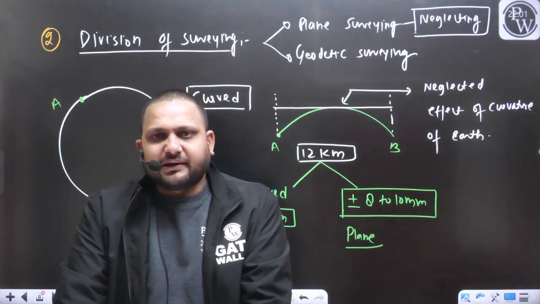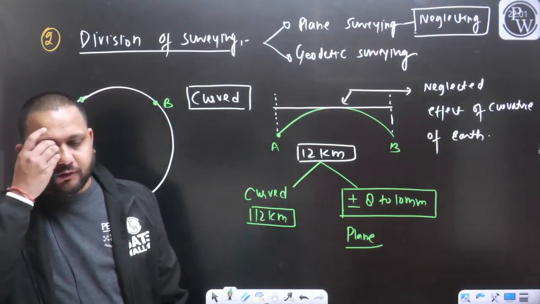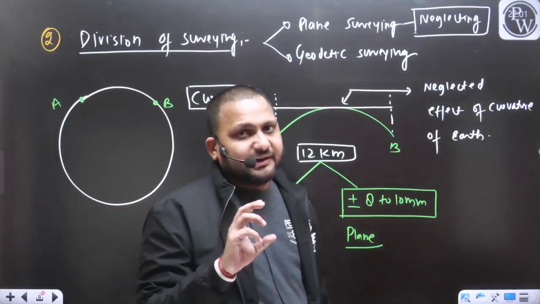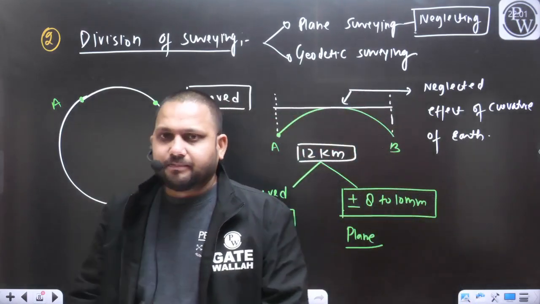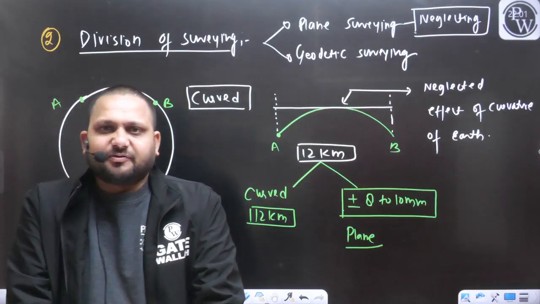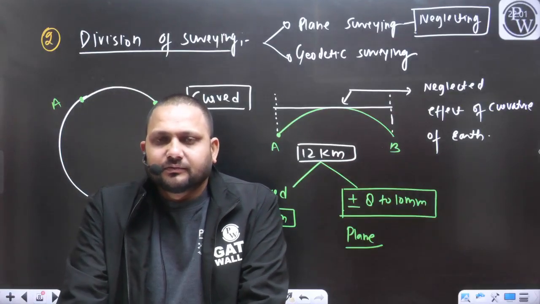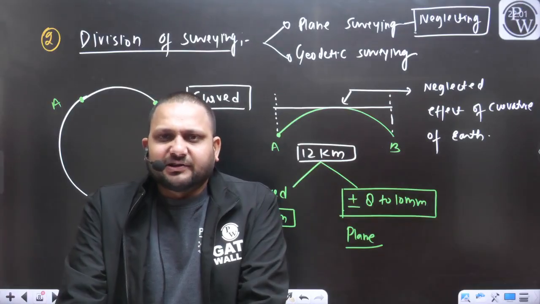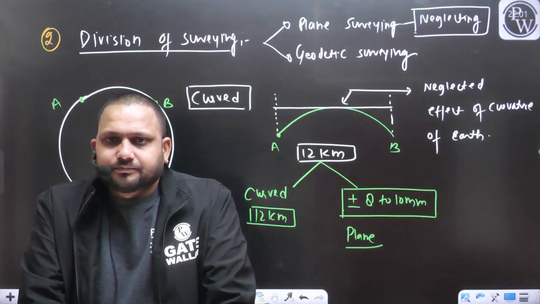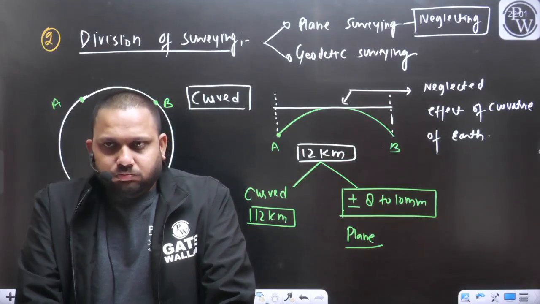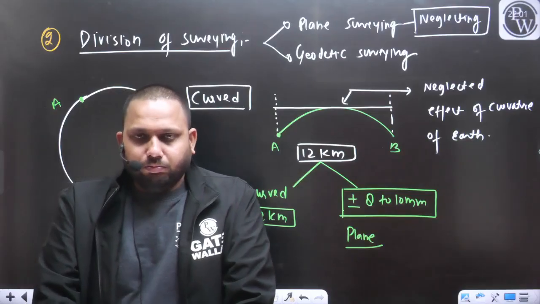It has been practically observed for a length of up to 12 km that there is a difference between plane distance and curve distance of 8 to 10 mm. Those observations we have considered. So we are not going to measure the curve distance or the horizontal distance. Is the point clear?